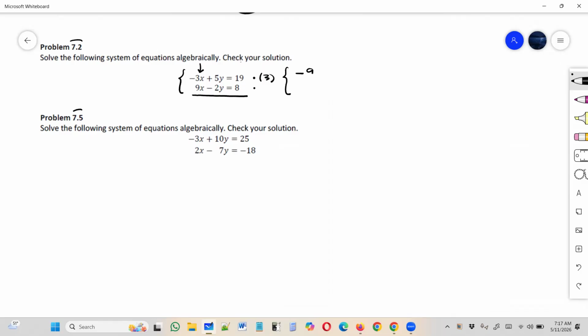So I'm going to get negative 9x plus 15y equals, what is that, 57? So multiply the entire first equation by 3. Don't change the second equation.